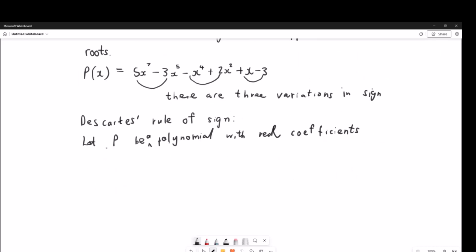Settings, I'm not sure. So let P be a polynomial with real coefficients. And then the first point is as follows. It says 1. The number of positive real zeros.